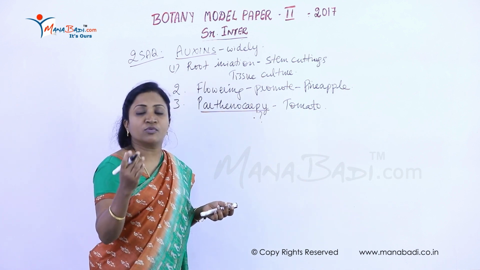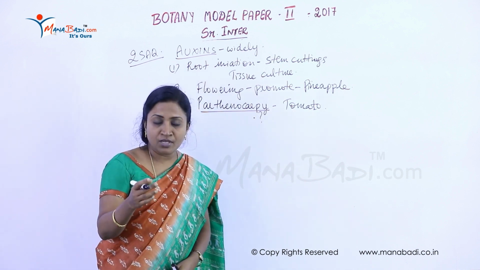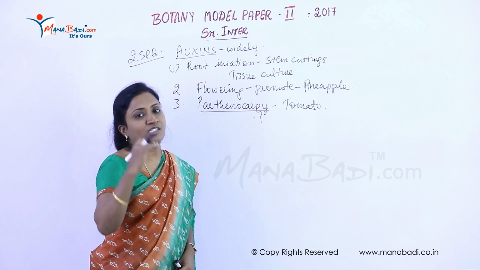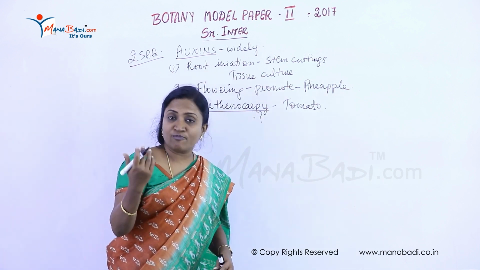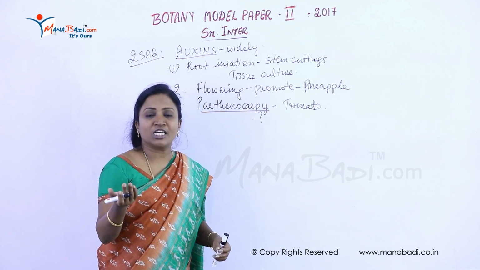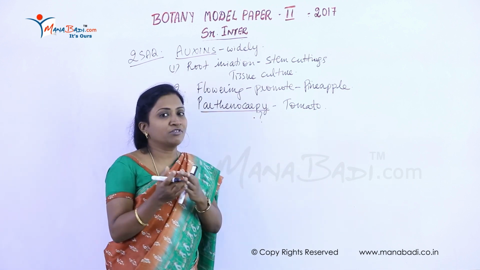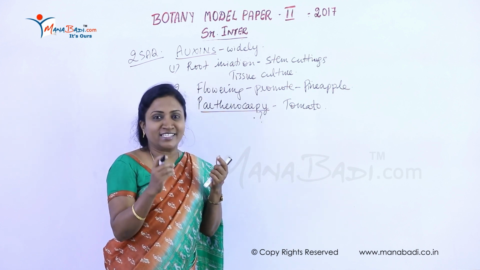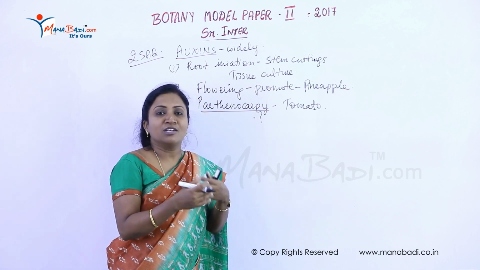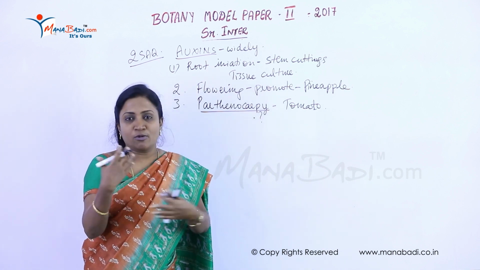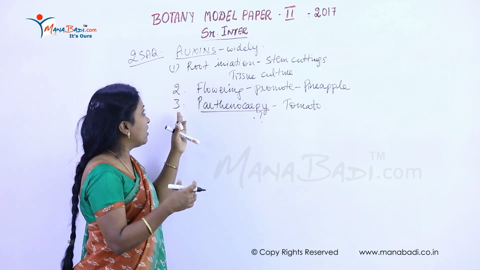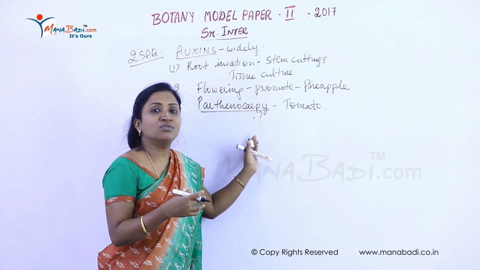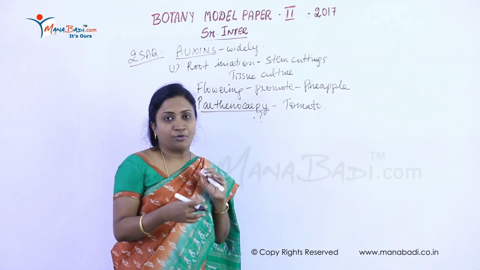In general, parthenocarpic fruits are seedless fruits, and these have more market or commercial value, because the place of the seeds is occupied by the pulp. So by the application of auxins, parthenocarpy can be induced in plants like tomato.